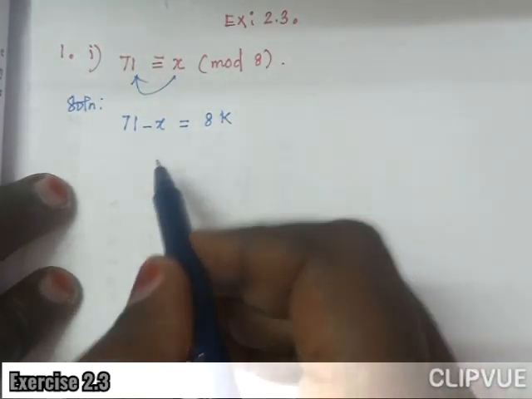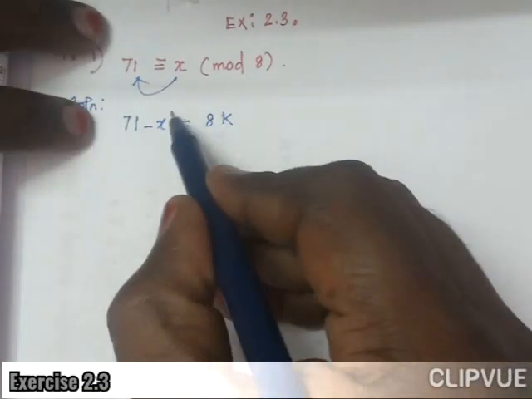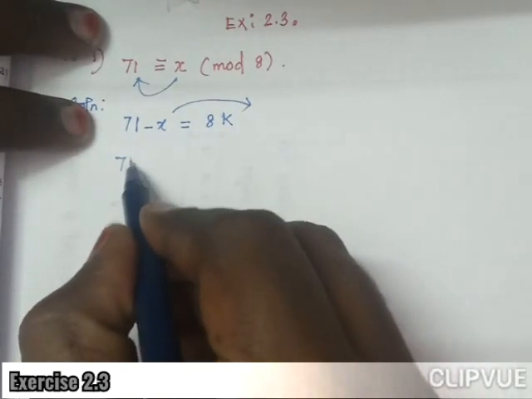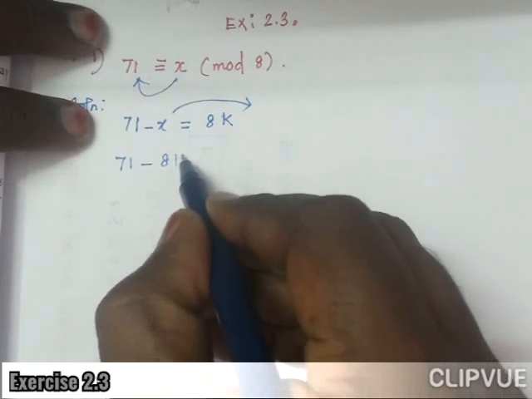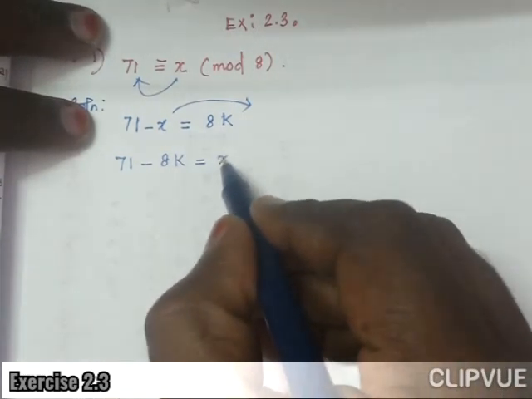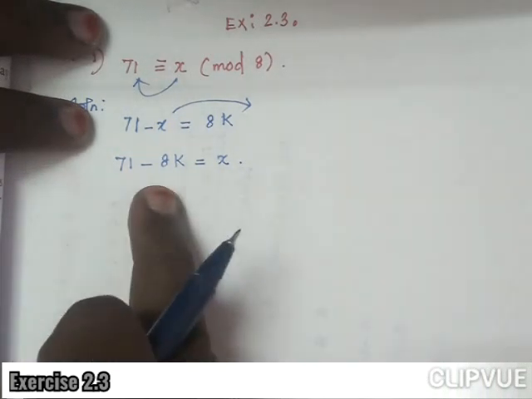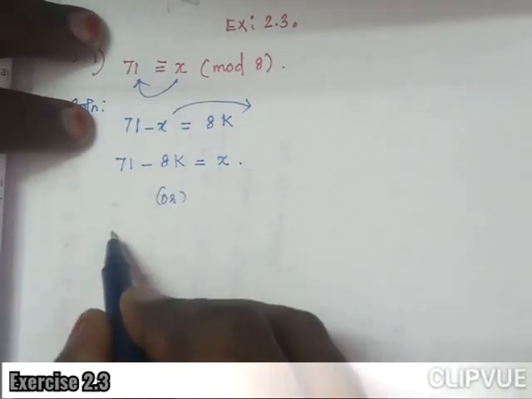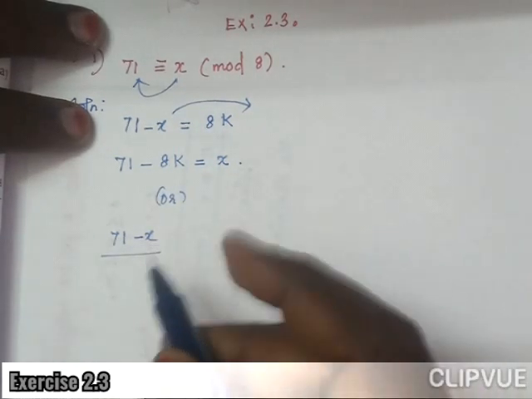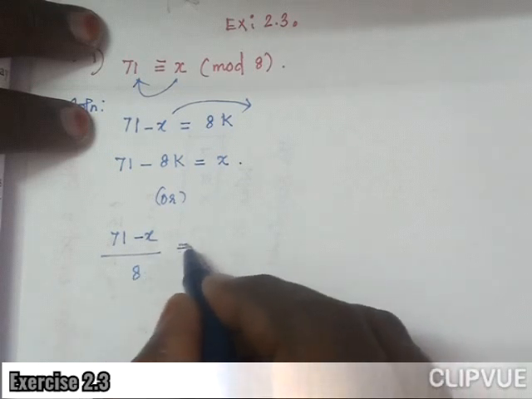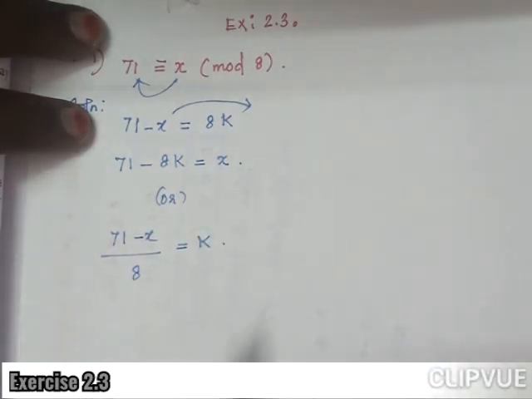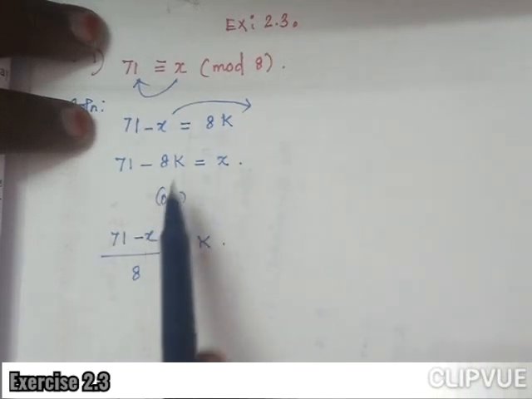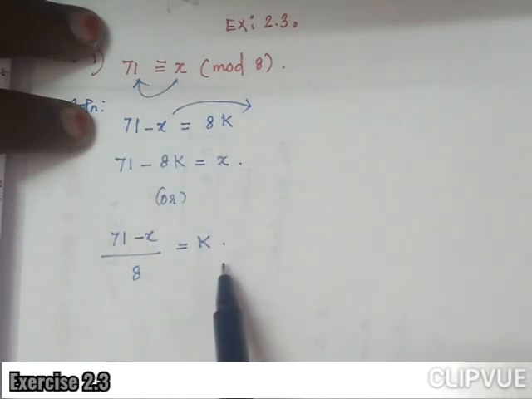So if you take this x to the right hand side, it becomes plus. So 71 minus 8k is equal to x, or 71 minus x divided by 8 is equal to k.